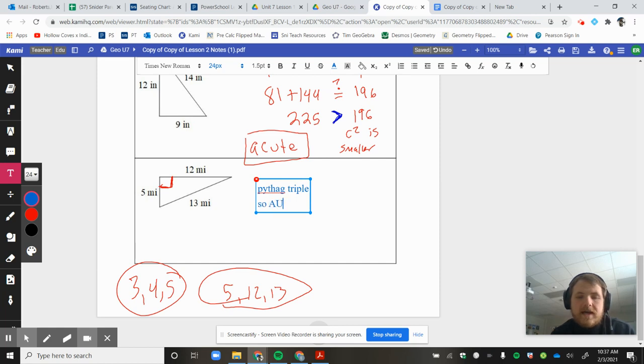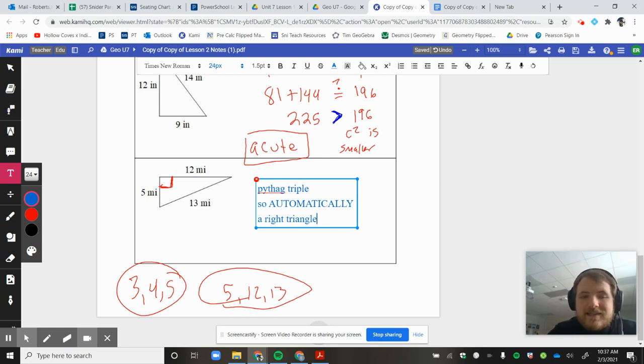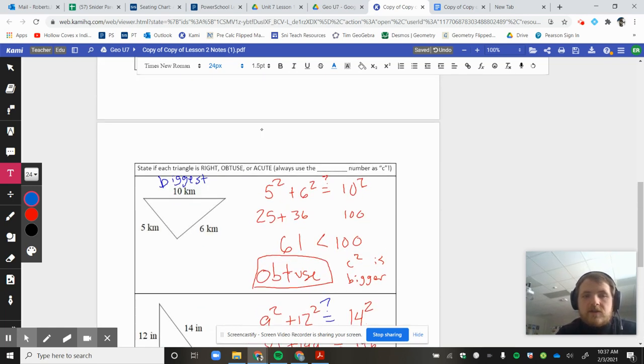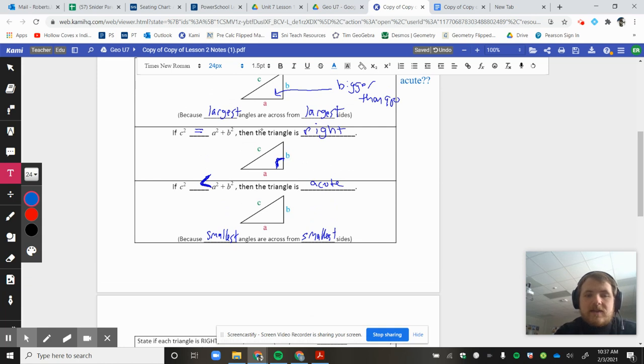So automatically, don't need to do any work. Automatically a right triangle. Told you it'd save you a lot of time. If you did the work, 5 squared plus 12 squared would be equal to 13 squared, which makes this a right triangle right there.